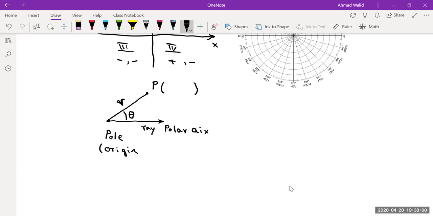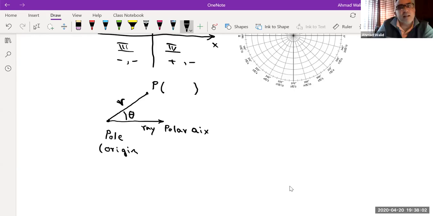But when you come to polar, your first coordinate is always this length, the distance from the origin or from the pole. Your second coordinate, instead of having y, is an angle.